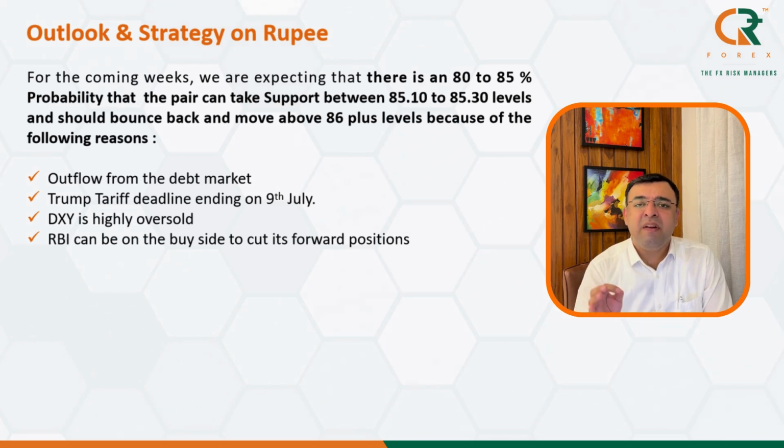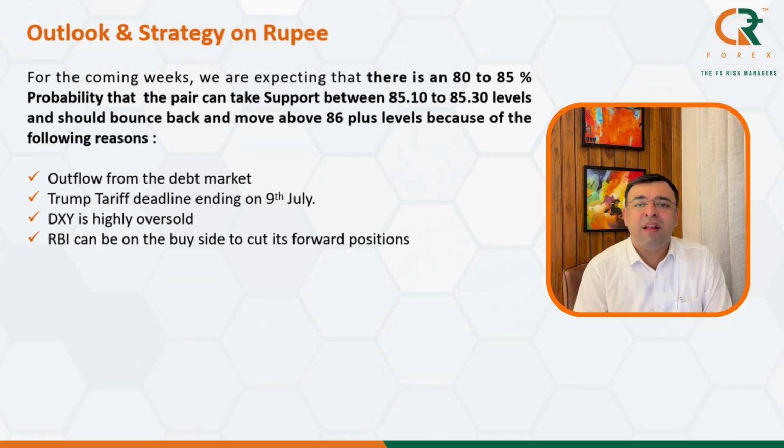Second, the Trump tariff deadline is ending on 9 July. Only a few countries like the UK have signed a trade deal, and there is uncertainty because of that. Third, the dollar index is currently at a highly oversold level. Any positive news from the US economy can take the dollar higher towards 99 to 100 levels.